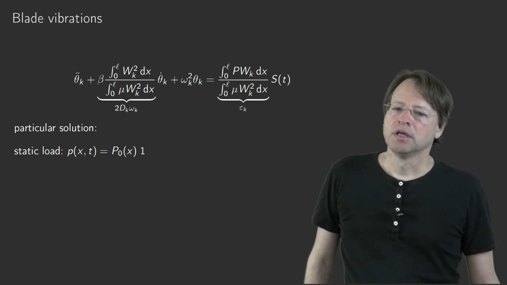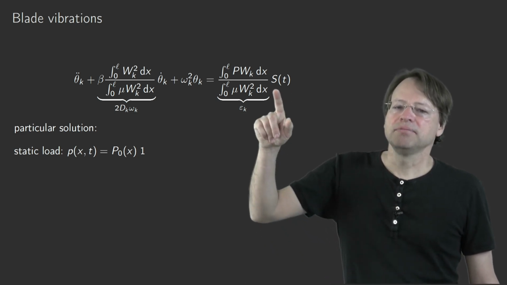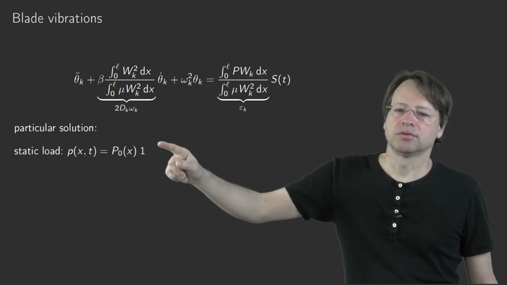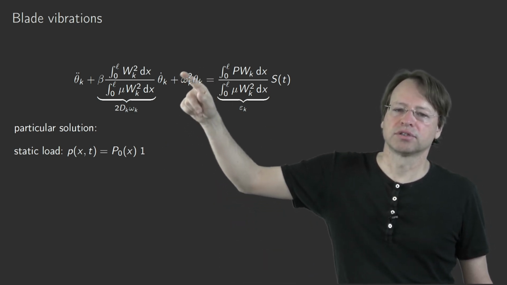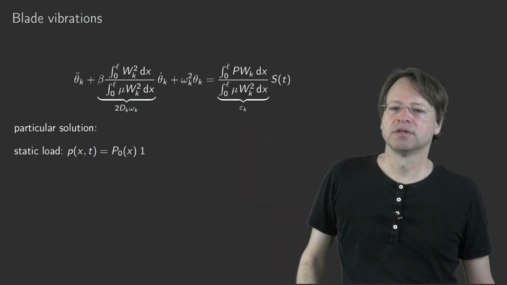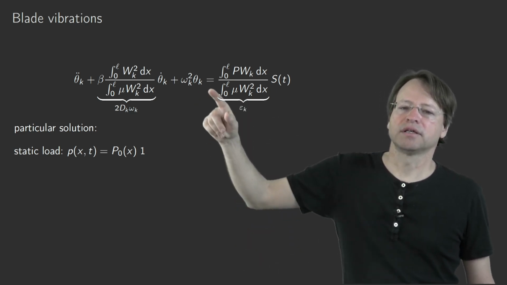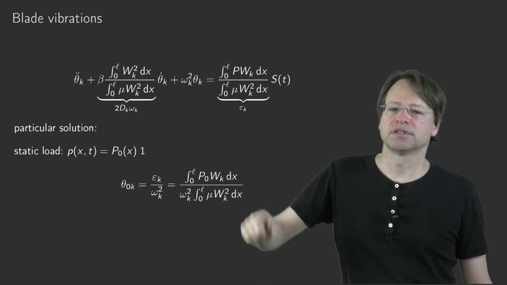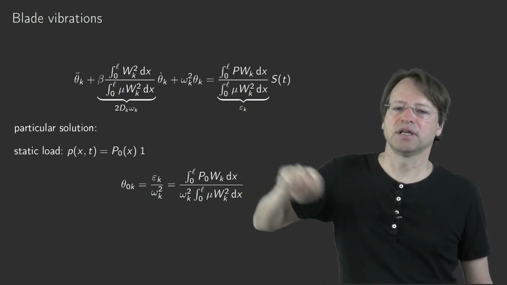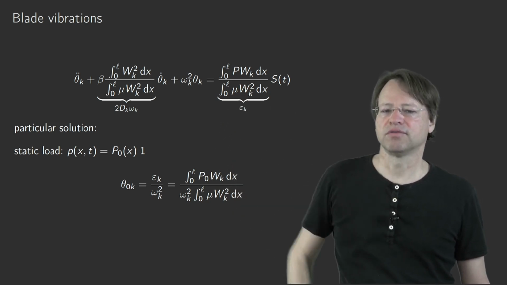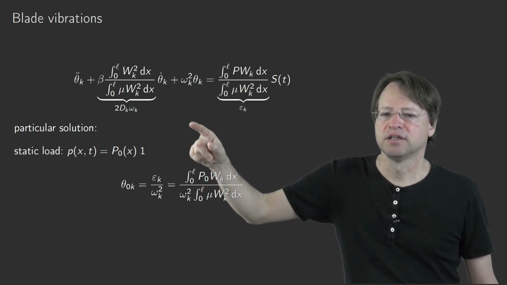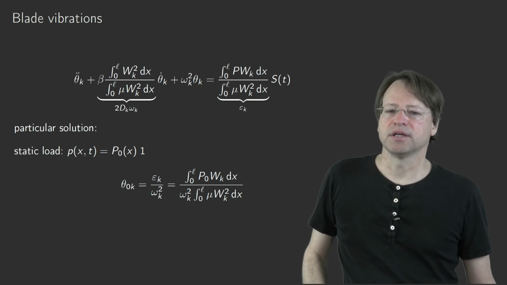Now, as there's no time dependence on the right-hand side, due to that 1 here, on the left-hand side, a static solution is really sufficient. So we get a theta k 0, which is then equal to that epsilon k for that very special case where we plug in p naught instead of p here and divide by omega k squared.